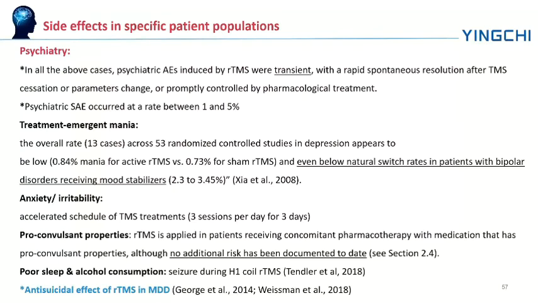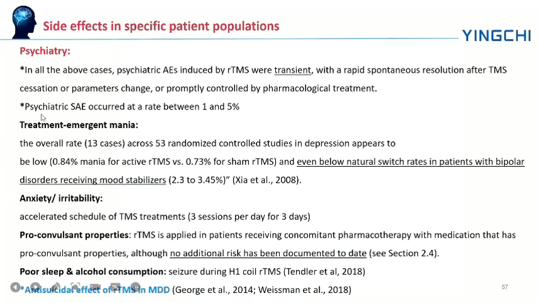So for people with diseases like depression and OCD, in all these cases, the psychiatric AEs induced by rTMS were transient and with a rapid spontaneous resolution after rTMS cessation, or parameters changed, or promptly controlled by pharmacological treatment.